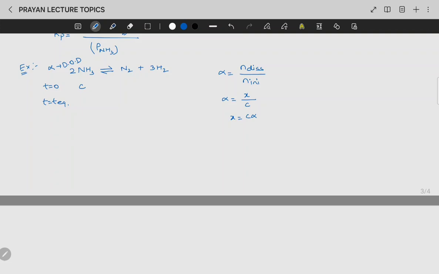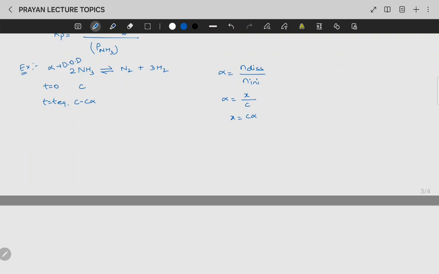So at equilibrium, what will be the concentration left? It will be C minus C alpha. A very common mistake is that a student writes it as C minus 2C alpha, because they see that the coefficient of NH3 is 2, but that will be incorrect. Concentration dissociated will be C alpha. So concentration of NH3 at equilibrium will be C minus C alpha.